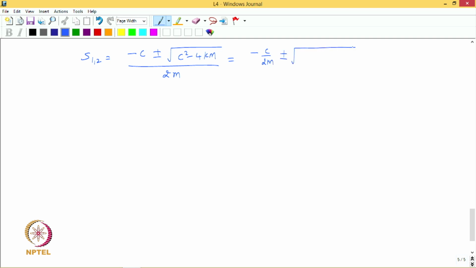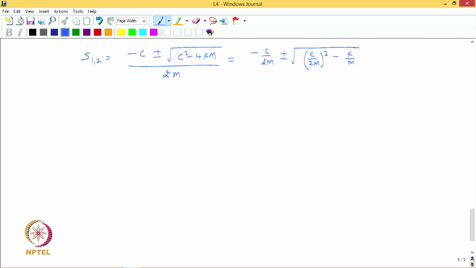If we take 2m inside the square root, we get C by 2m square minus 4km upon 4m square, right. So, that makes it k by m.